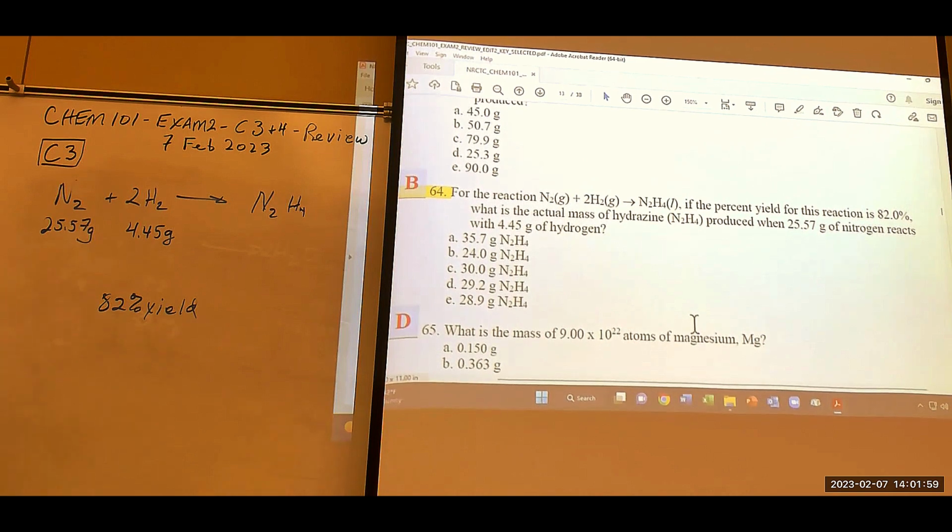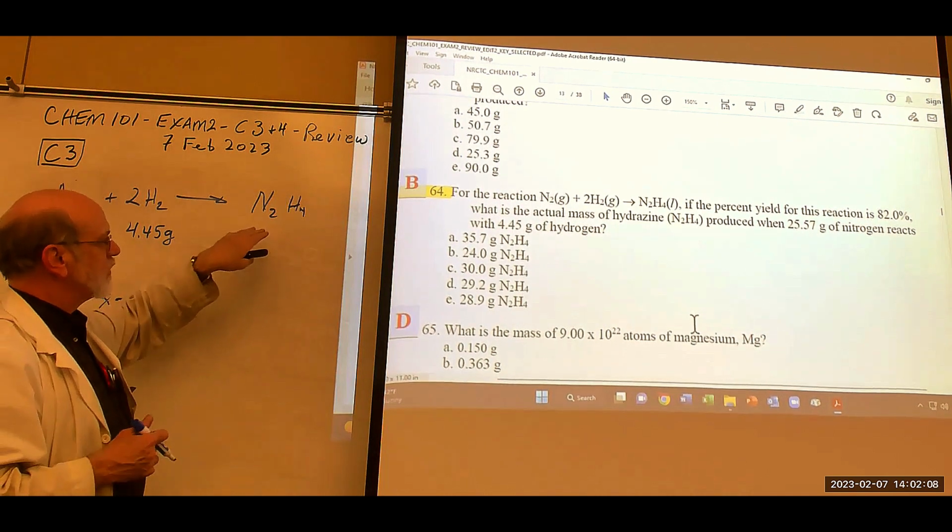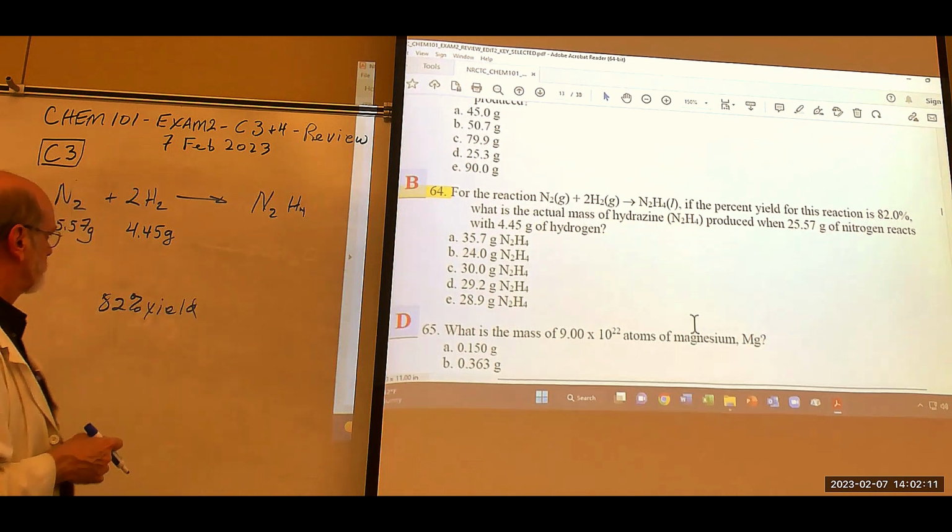Oh, this one's easier than the one we did in class, during the lecture. What we have to do is decide which one of these is limiting, and then that one determines the theoretical mass of hydrazine.